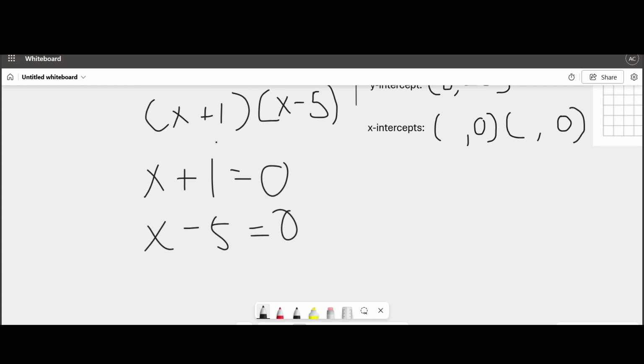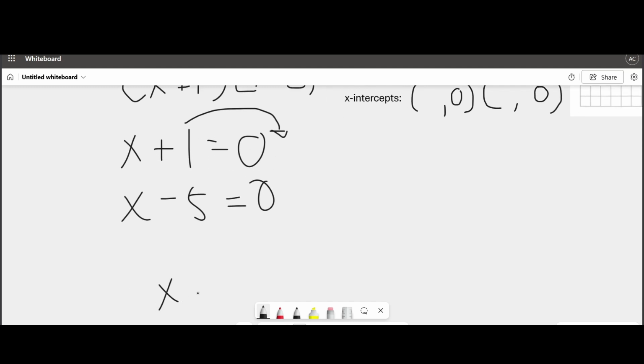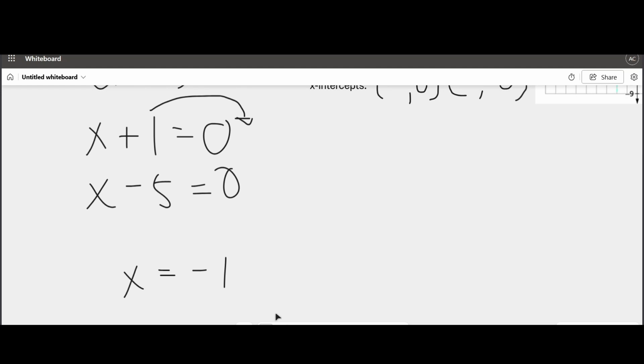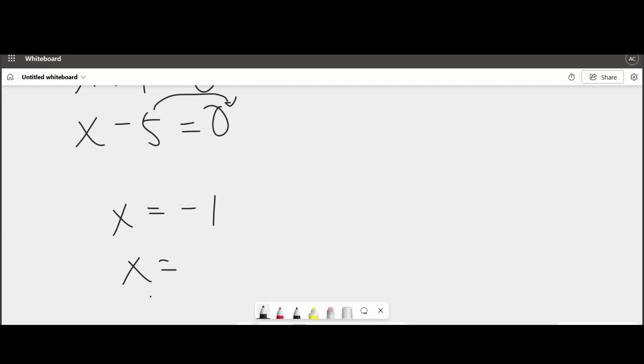Okay, so if we transpose this, if we transpose 0 and 1 each other's places, there's going to be x equals -1. Then the signs will just change. Okay, if you transpose that, it'll be x equals positive 5.